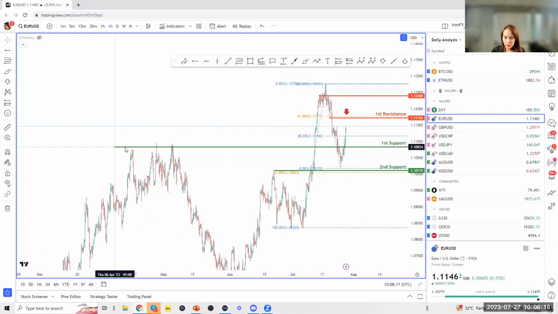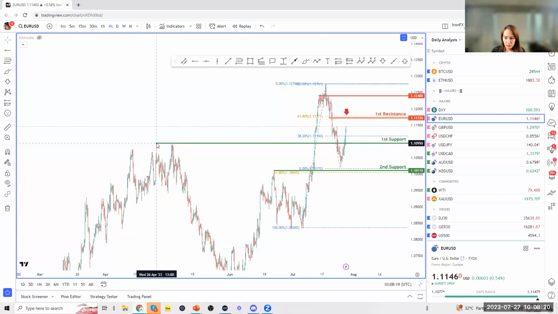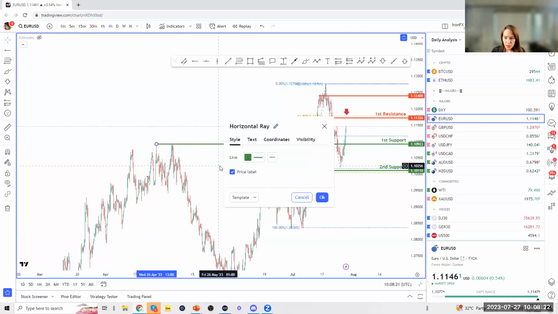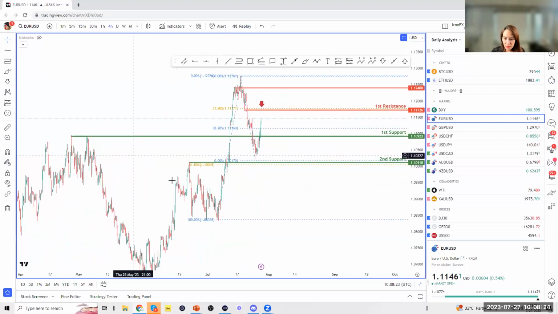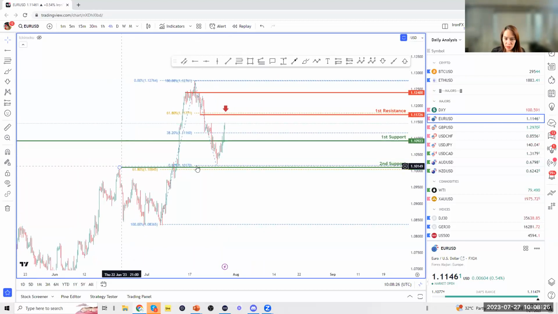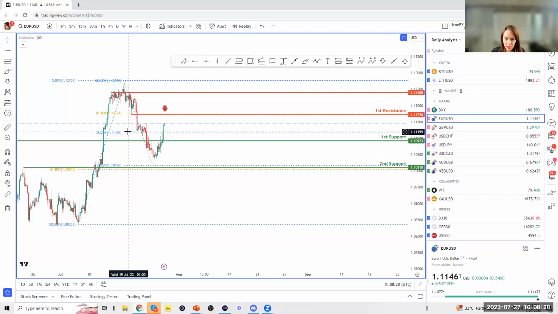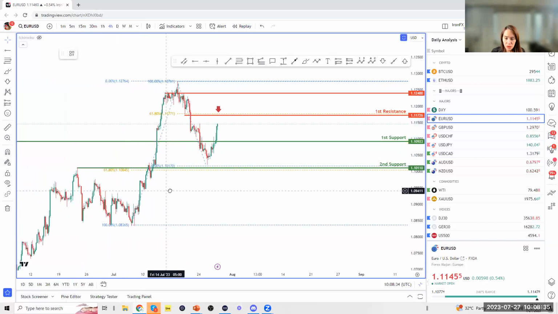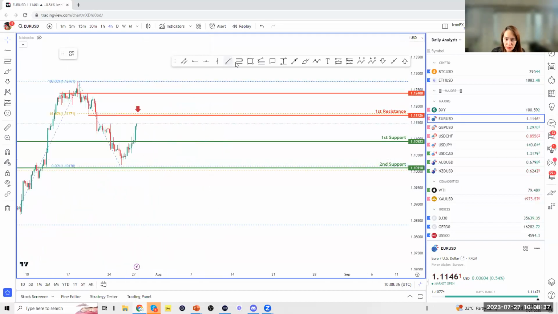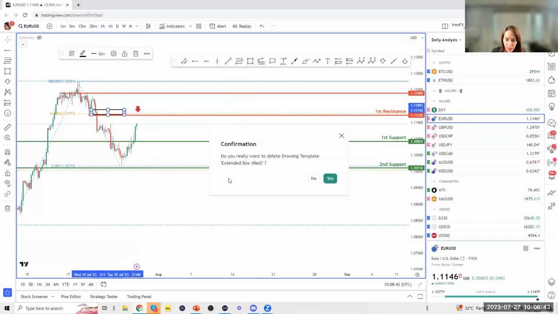I will put this as my first support, and my second support will remain the same. This one is 60%. So when the price comes to this area, which I will highlight for you guys to see, you may consider to buy.